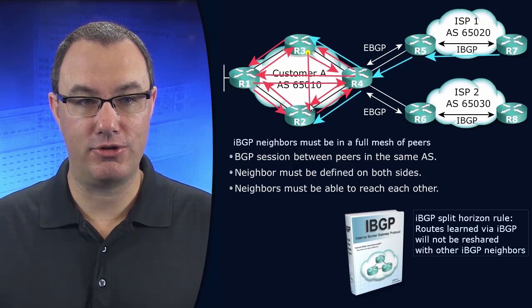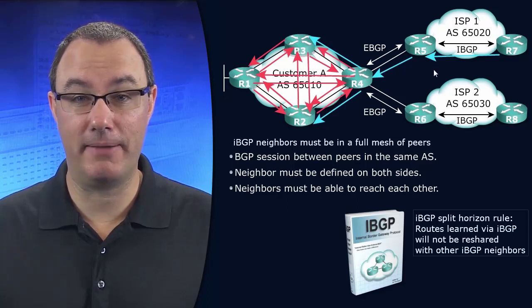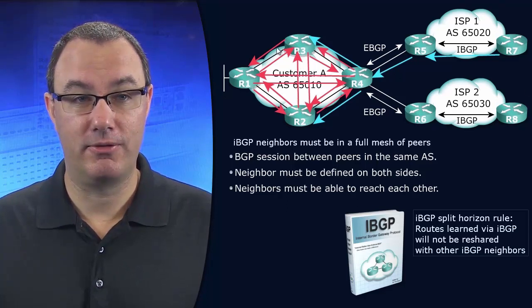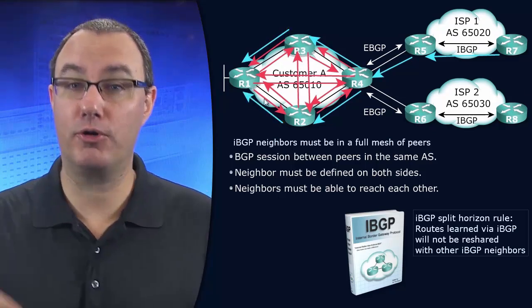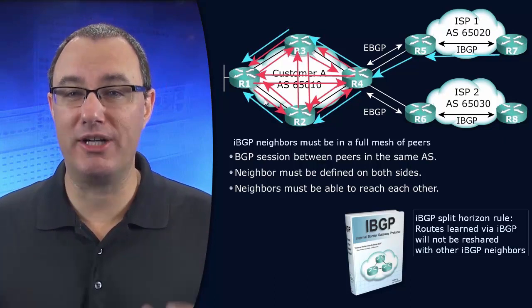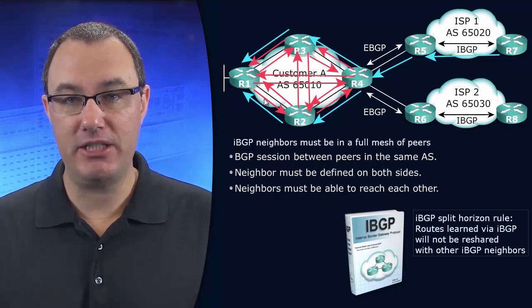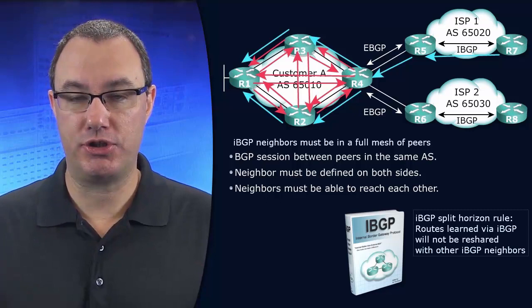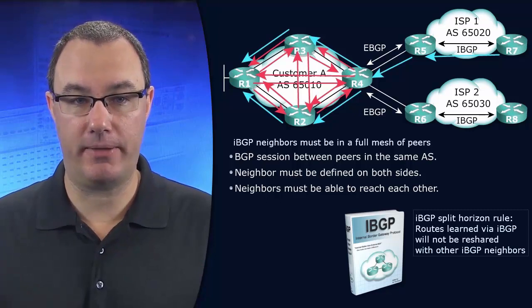And hey, R2 and 3, those two routers will peer. And it looks like a big old mess, right? Well, it is, but that's just how it has to work. Now those routes can go from R2 and R3 over to R1. That is such a critical element to BGP neighbor relationships and the configuration of them.